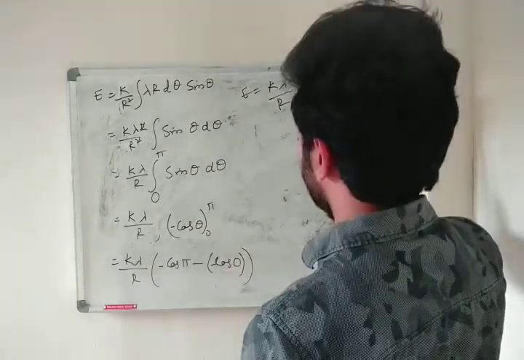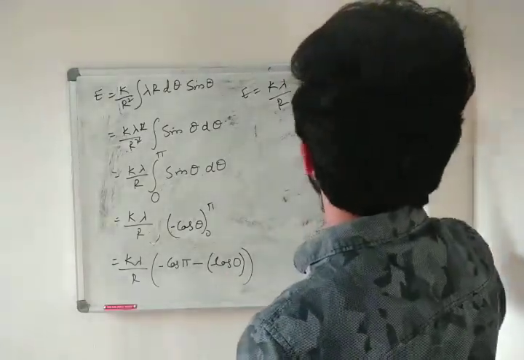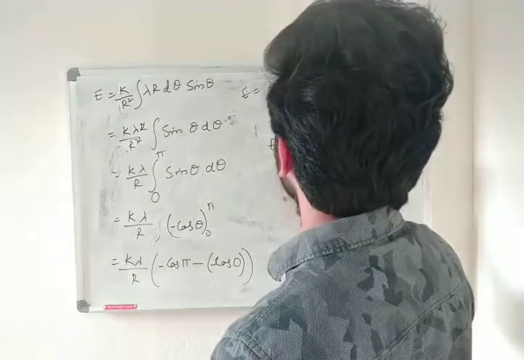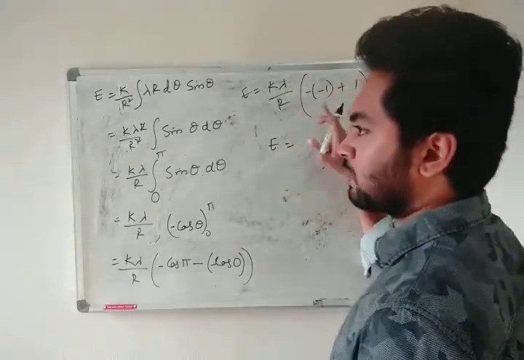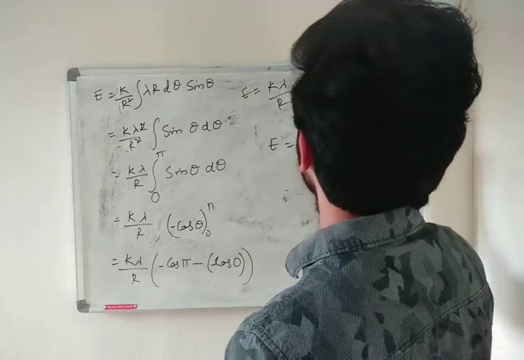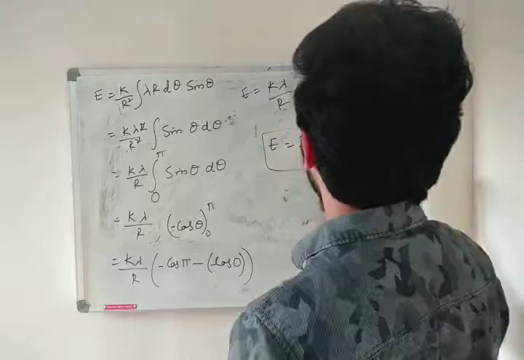So what will you get finally? E is equal to 1 plus 1, which is 2. So finally you get 2k lambda by r. This is your final answer.